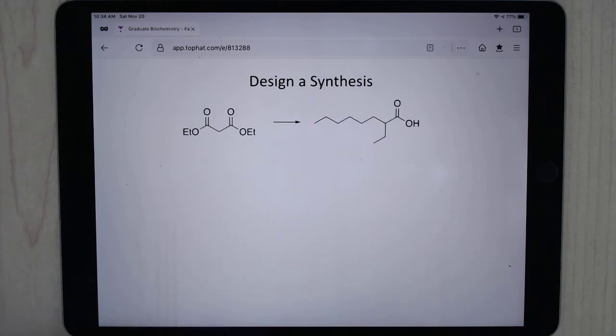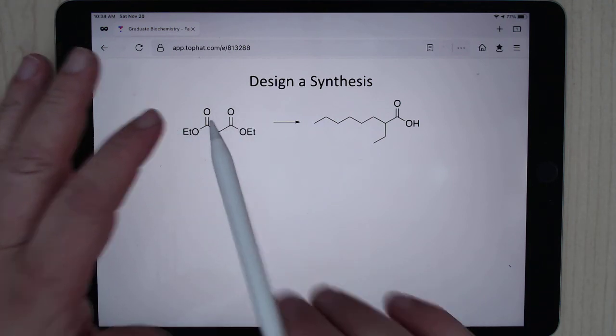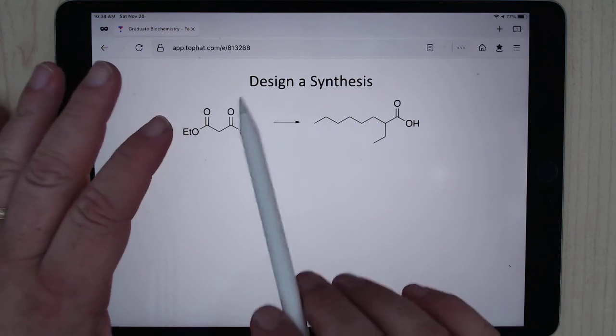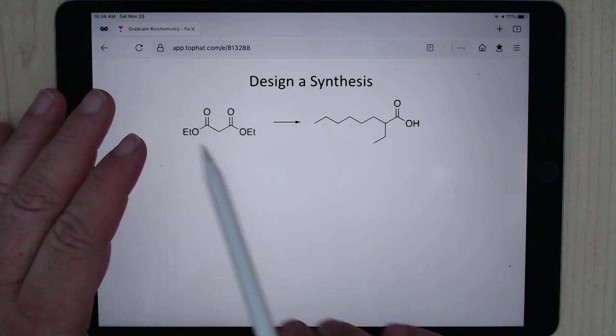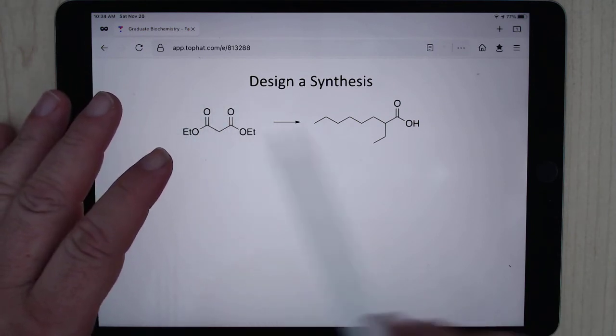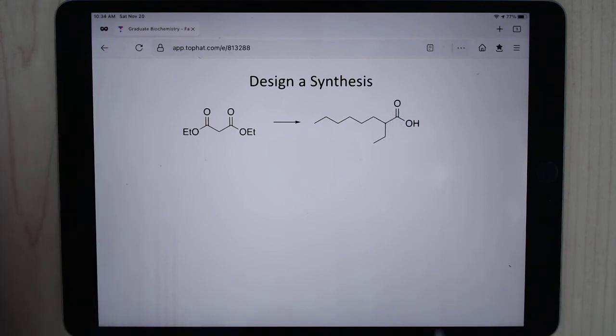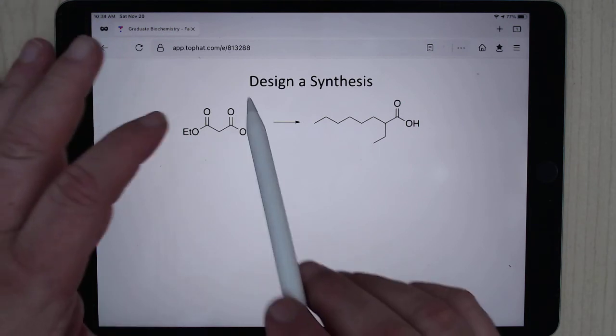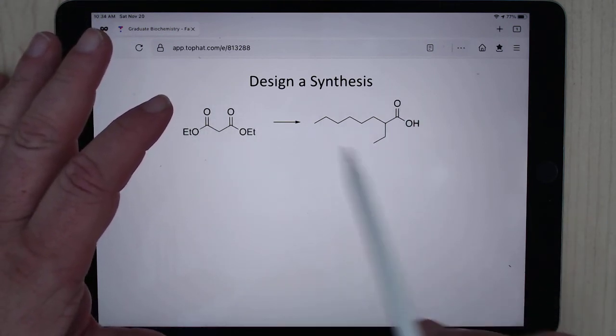So if we wanted to use this to design a synthesis, what we're going to want to do is start with something like this, and this is how I would do this, to say, okay, we're going to be starting with this molecule, and how do we get to here? So the first thing we're going to want to do is see what carbons here end up here.